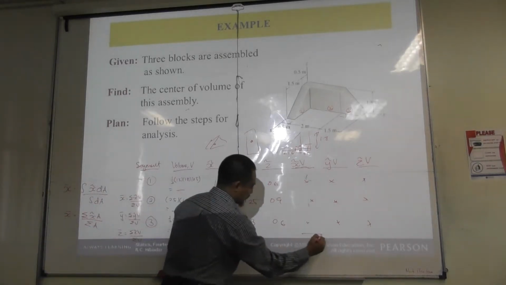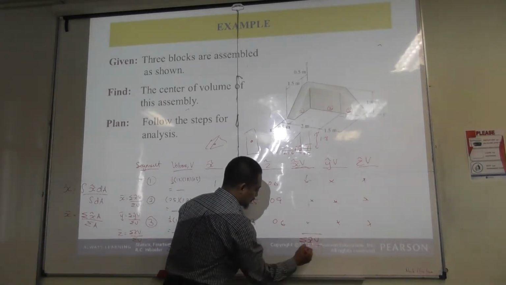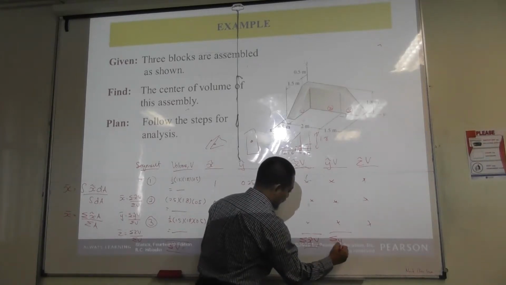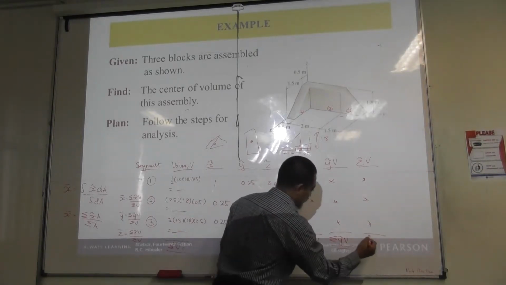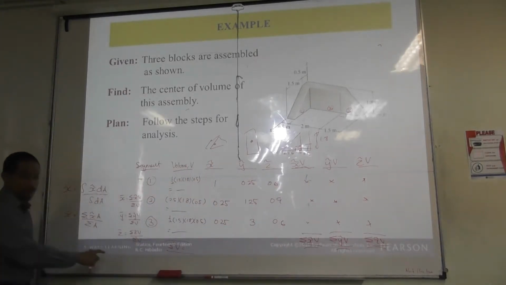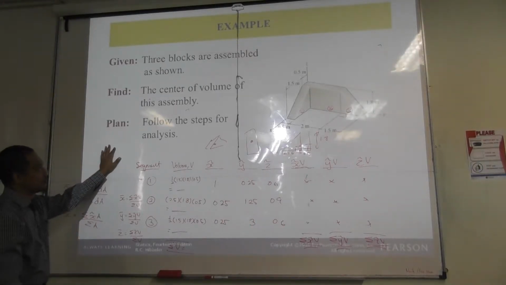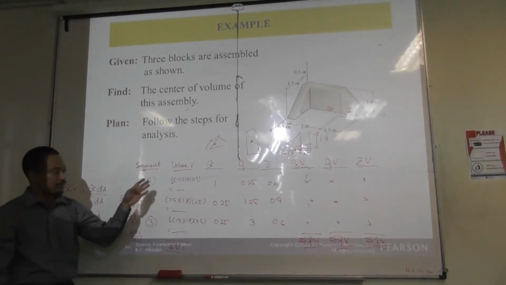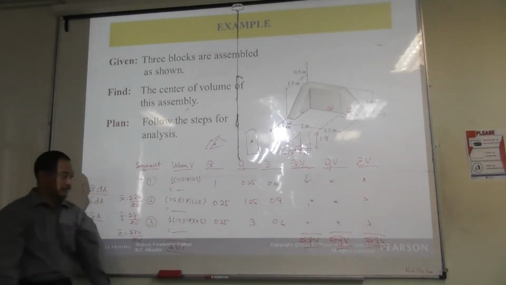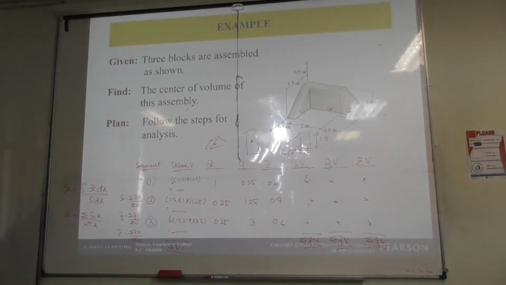Summation of xv is here, summation of yv is here, summation of zv is here. You plug in and you can get the answer. Normally, if this portion of the chapter comes in the exam, the solution is quite straightforward. You just make a table, fill in, get your calculation, get your answer.